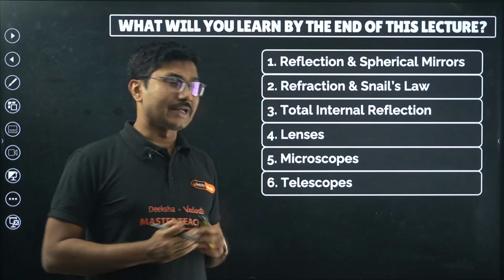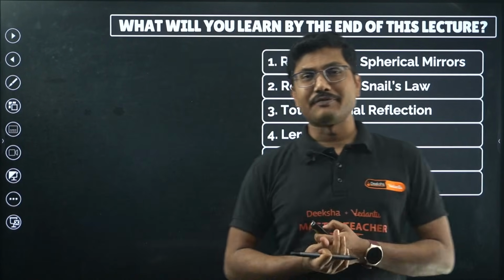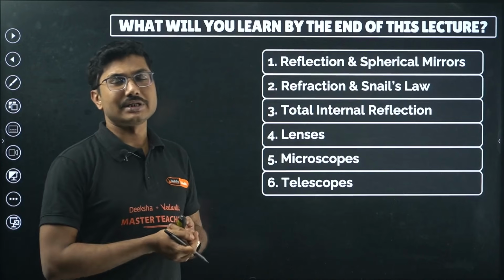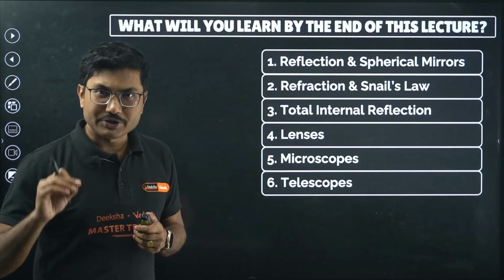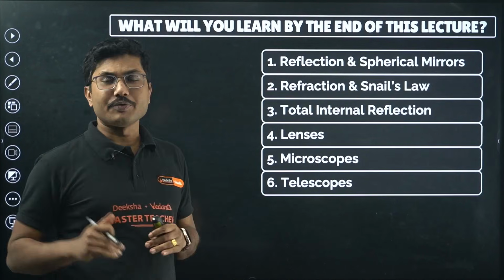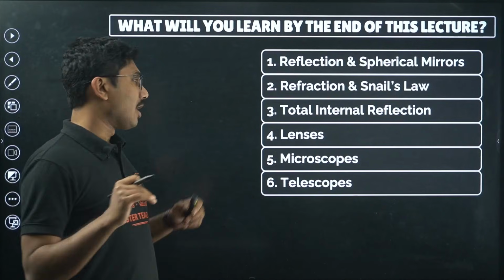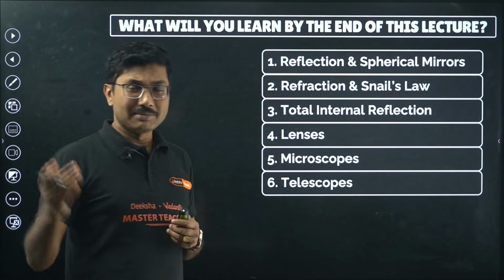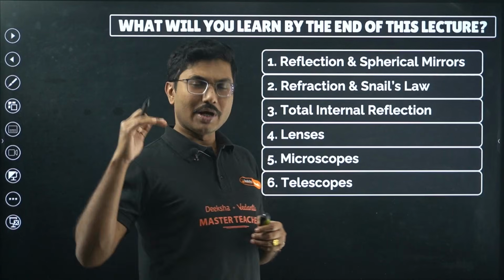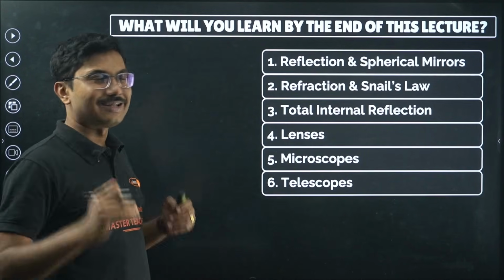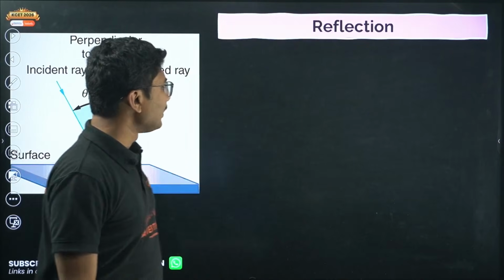Also in the PUC exam we have seen MCQs and fill in the blanks coming from these two concepts, so you cannot ignore them for your PUC preparation either. Even though they are very easy concepts, sometimes students make mistakes on magnification and minimum distance of distinct vision. You have studied that in class 10, so let us refresh everything in this lecture. First we will start with reflection.